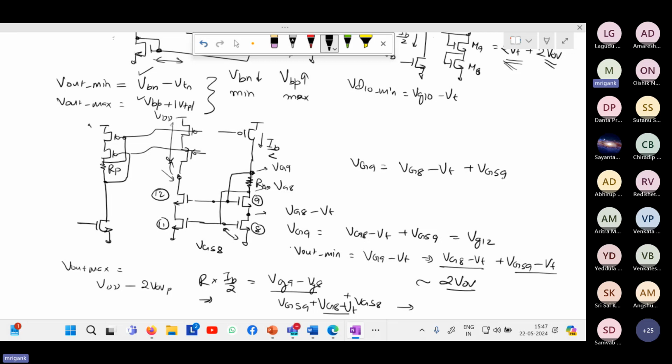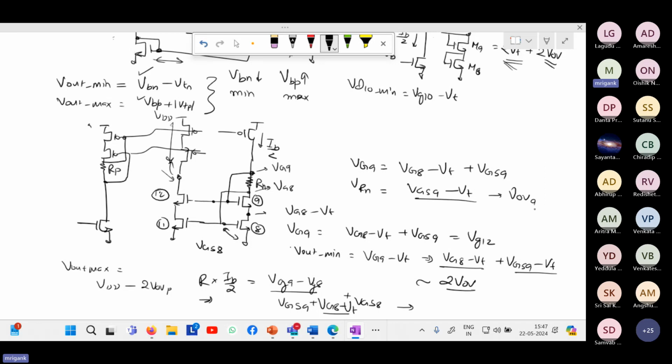This is the minimum value of VG9. And then we have VG8 over here. So the difference across RN is something like VGS9 minus VT, because VG8 will cancel out. So this is the overdrive voltage of M9.